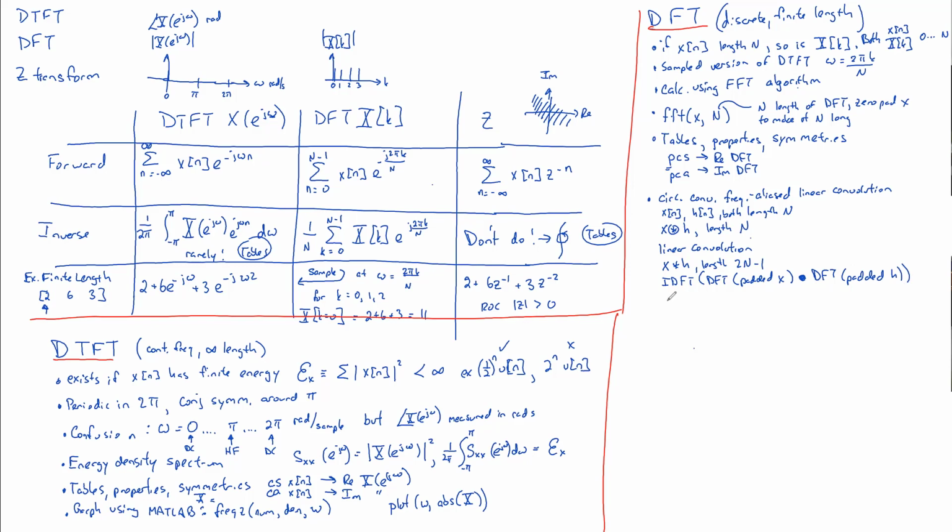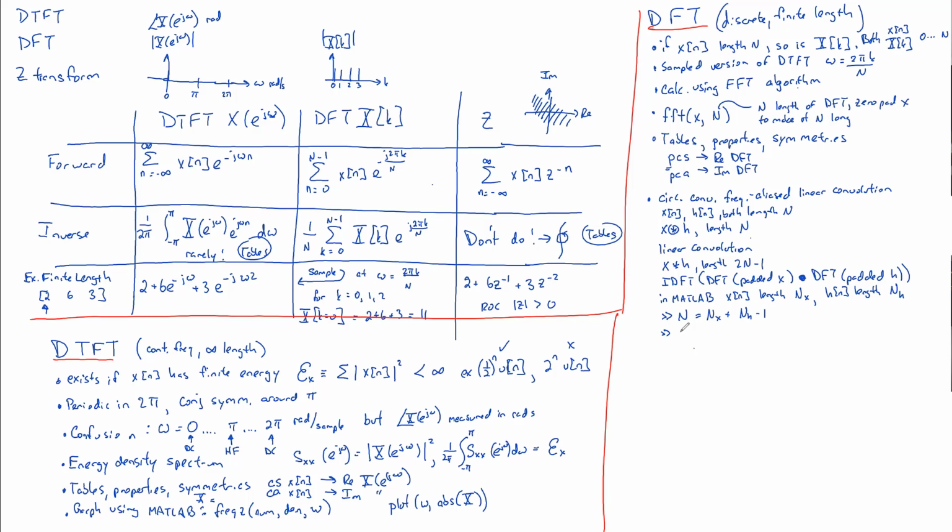So in MATLAB lingo, using an x of n of length nx and an h of n of length nh, you could do it by saying your desired N total is going to be your nx plus your nh minus 1.